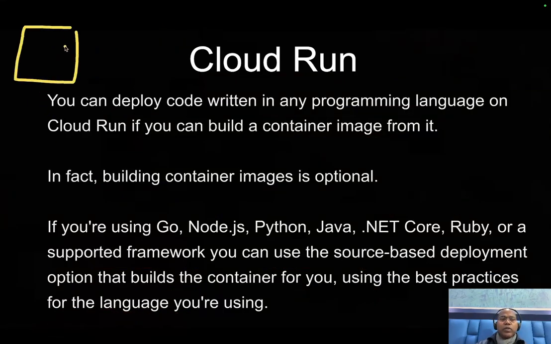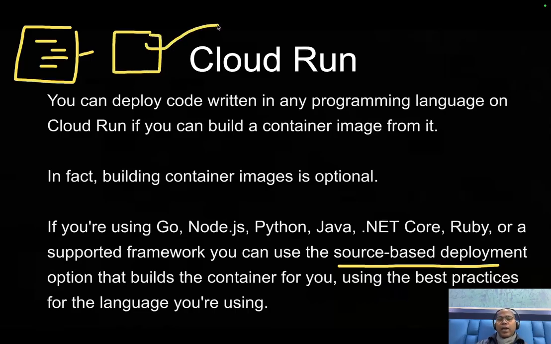Just write your code and tell the source code deployment option, here is the source code, all the folders and files, and tell Google Cloud. Google Cloud says no, don't worry, I'll make the container image for you. And then I can say, hey Cloud Run, deploy and run this containerized application.